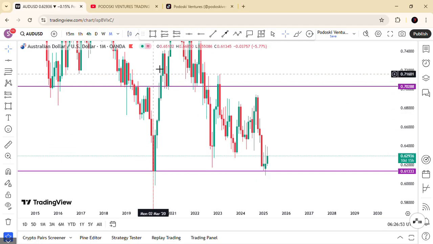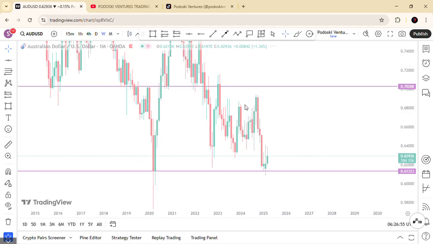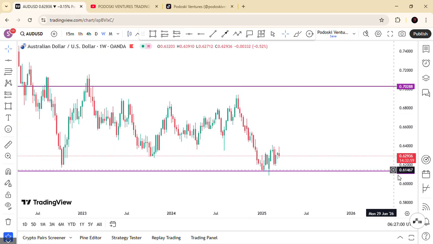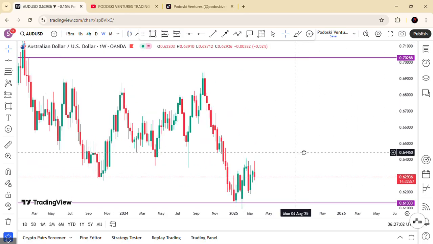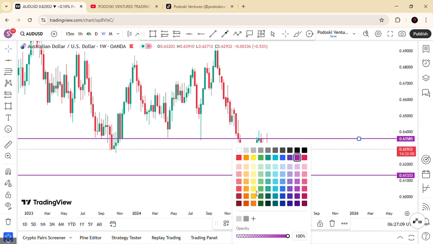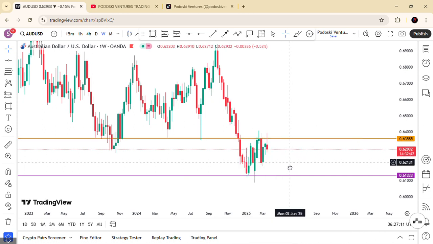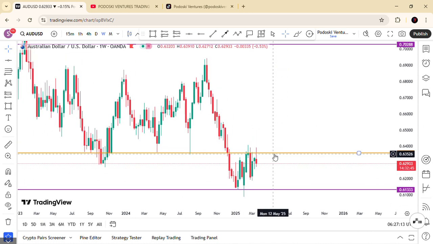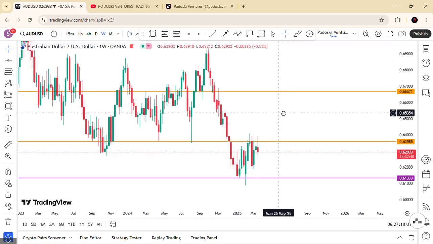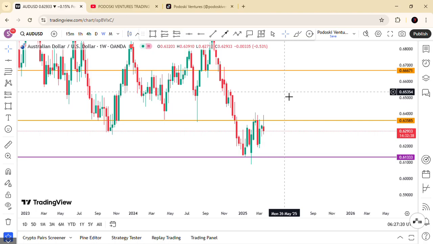So let's go to the weekly time frame and see what price is doing. On the weekly time frame, we have our weekly supply zone here and our weekly supply zone also here.